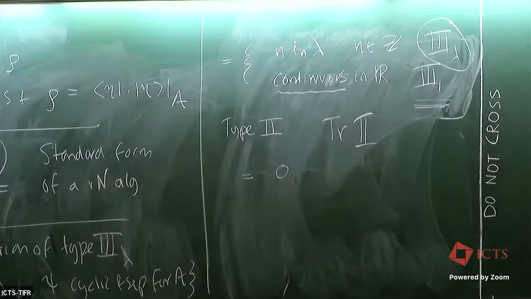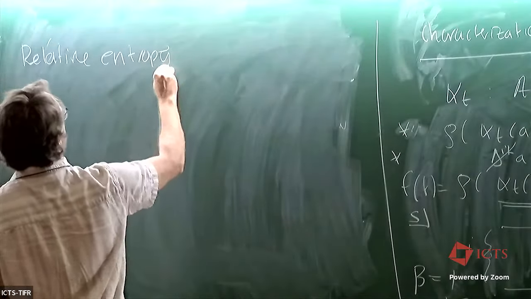Now, I wanted to say a little bit about relative entropy, because we'll try to use that later. Relative entropy is some notion of distance between 2 states. It's a way to compare 2 states. We heard about it earlier this week, at least in the classical case, but there's a quantum version of relative entropy.